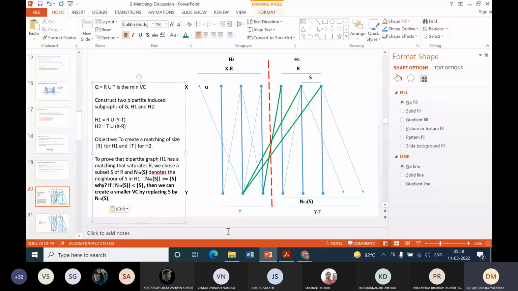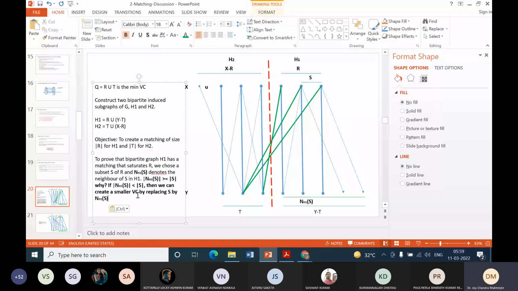So what we are claiming: we choose any subset S of R, and N_H1(S) is the neighbor of S in Y minus T. Our claim is that the size of this set will be greater than or equal to the size of S. Why is this so? If this is not true, then we can create a smaller vertex cover.